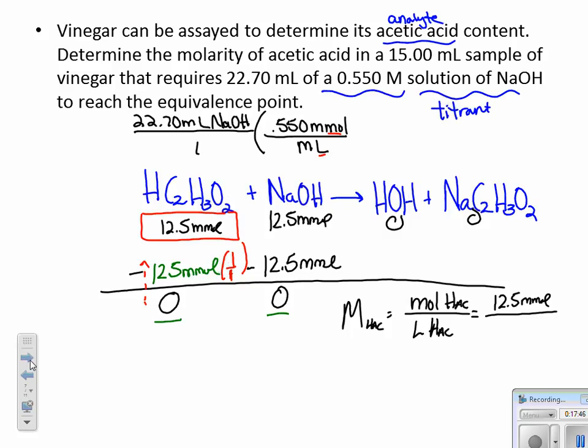And we know that the volume of the acetic acid we started with was 15.00 milliliters. So the milli cancels. And what's our unit? Moles per liter. That is the definition of molarity. It just saves you from having to put a bunch of zeros in there. So the molarity of acetic acid, 0.833, 3 significant digits because of our moles, 0.833 molar acetic acid.